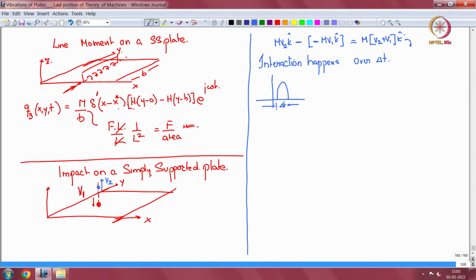Then I have minus m, and this v2 plus v1, I will call it v bar. Then h of t minus t1 minus h of t minus t1 plus delta. That is the momentum change. That is equal to the force into delta t.